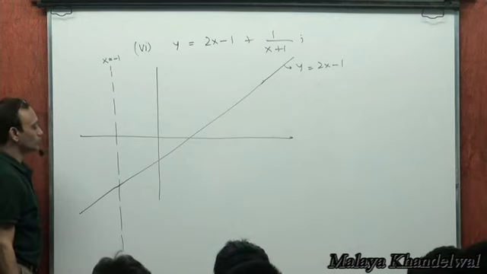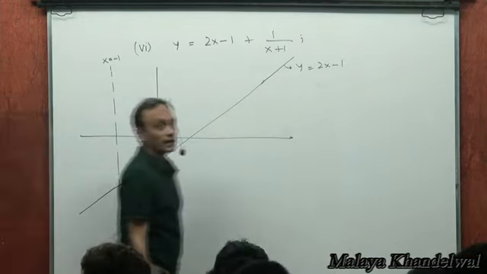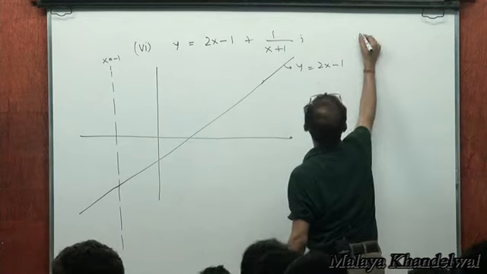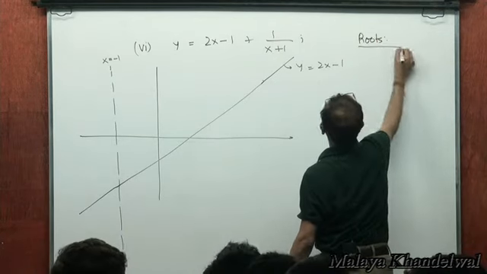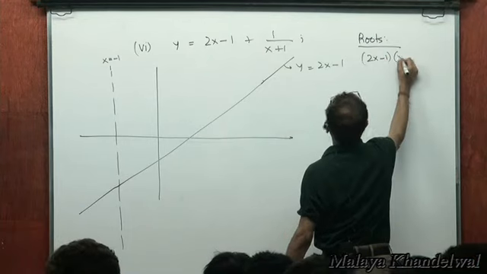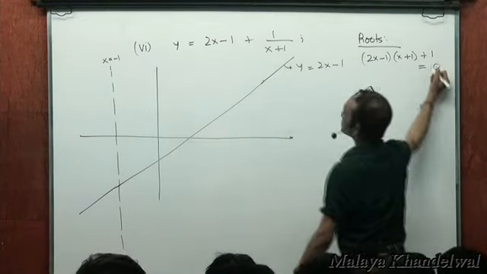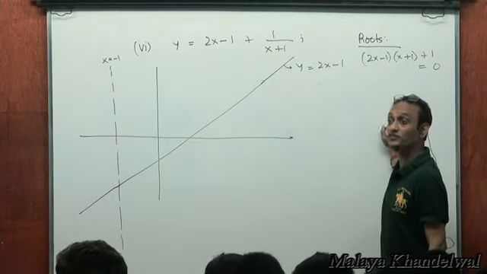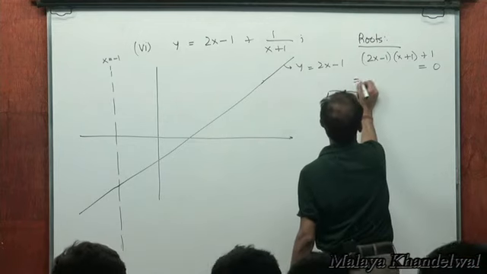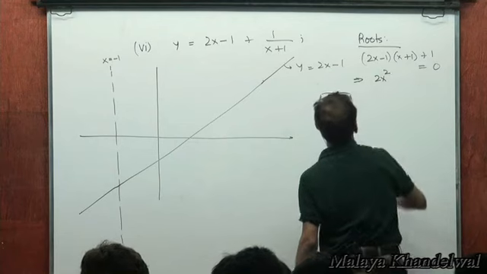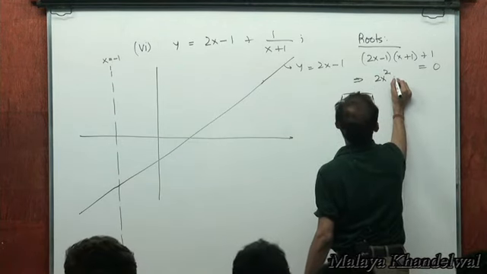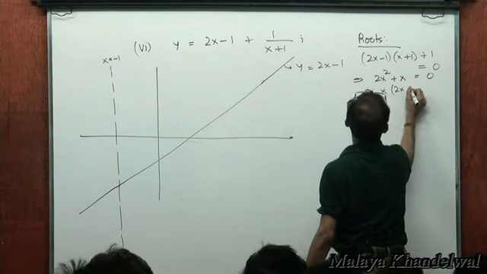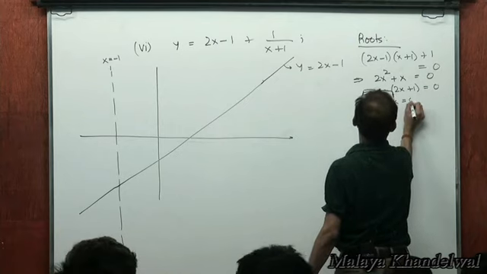Now let me find the roots of this. Let me find the values of x for which y becomes 0, right? 2x minus 1 into x plus 1 plus 1 will be 0 for roots. These would be the values of x for which y becomes 0. So this is like 2x squared plus 2x minus x minus 1 plus 1 equal to 0, or x into 2x plus 1 is 0, x equal to 0 and minus half.